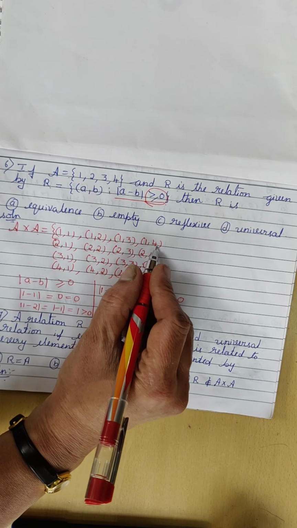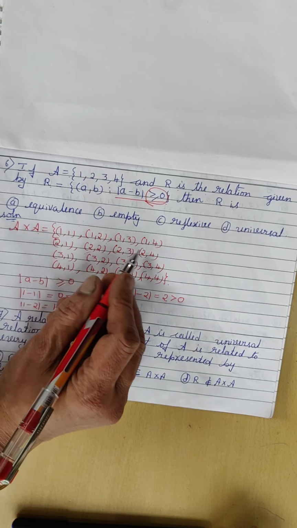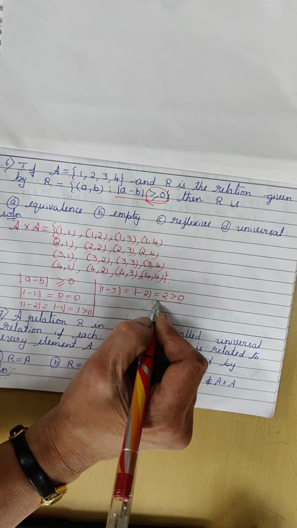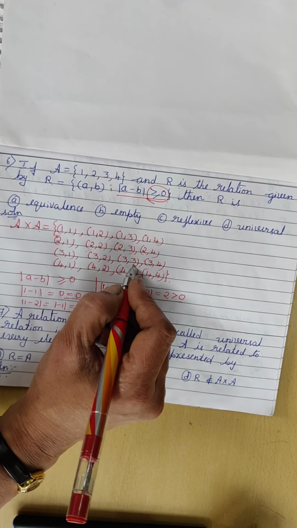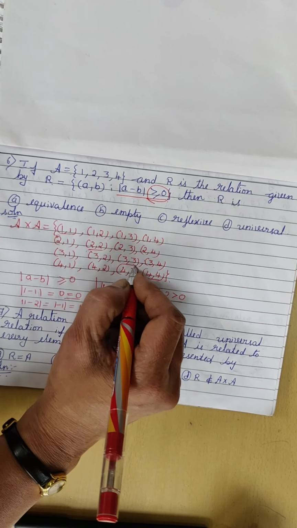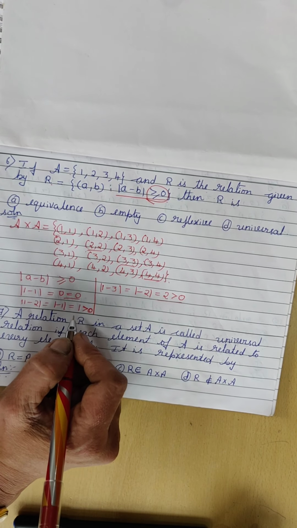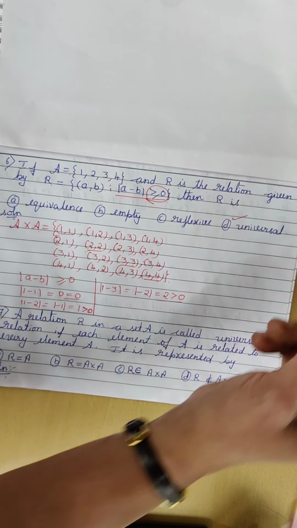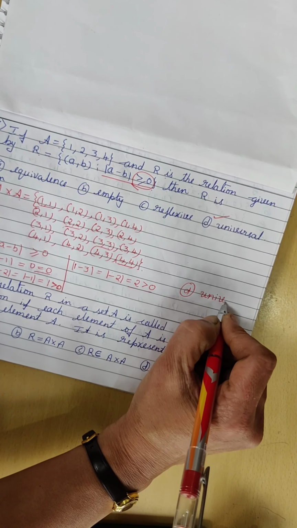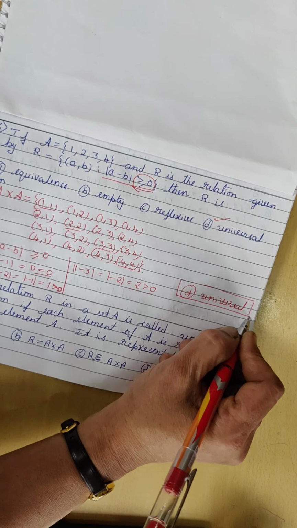And if we try for all of these ordered pairs, (1,4), (2,1), (2,2), (2,3), then we are going to get either greater than 0 or equal to 0. Like (3,3) will give 0, (2,2) will give 0, (1,1) and then (4,4). And the other things are greater than 0. So option D is the correct answer. It is a universal relation.